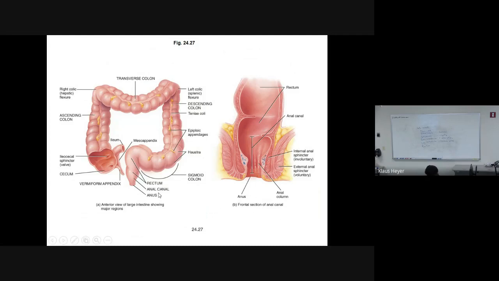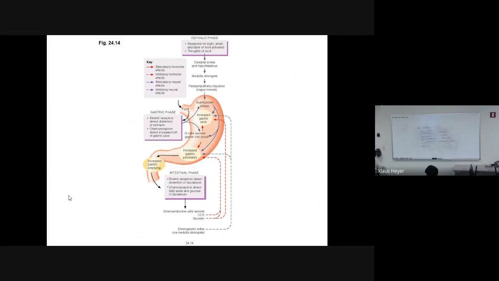Anyway, last thing about the digestive system is the phases of digestion. A lot of the control of digestion is coming from your brain and chemicals, just like control of heart rate, blood pressure, and respiratory rate.